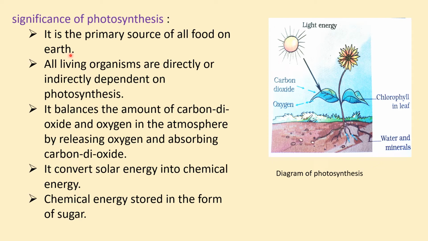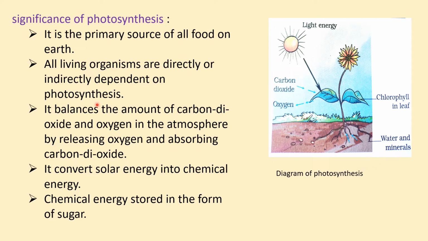So photosynthesis is the process for food making. Here we can see that it is the primary source of all food on the earth, and all living organisms are directly or indirectly dependent on photosynthesis. How directly and how indirectly, we learn here a little bit.